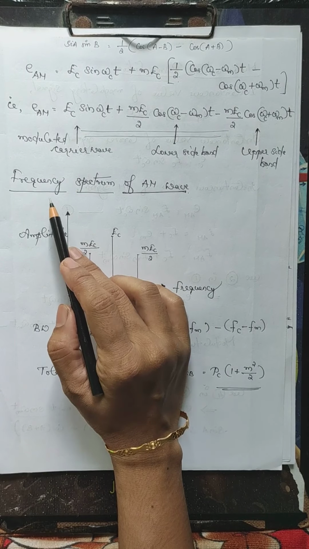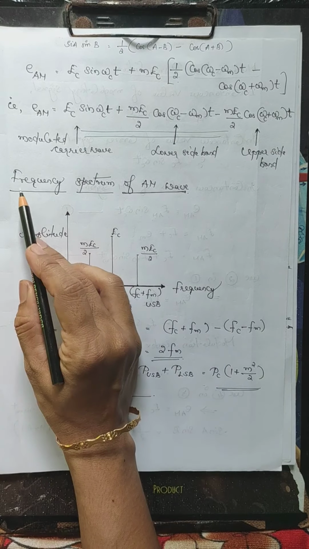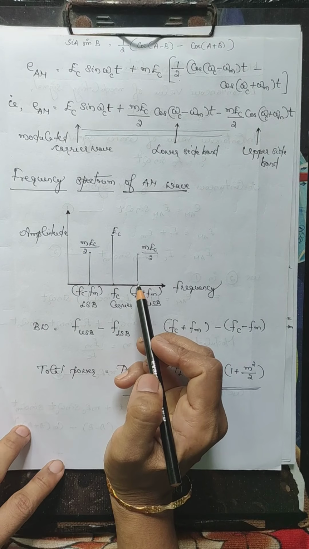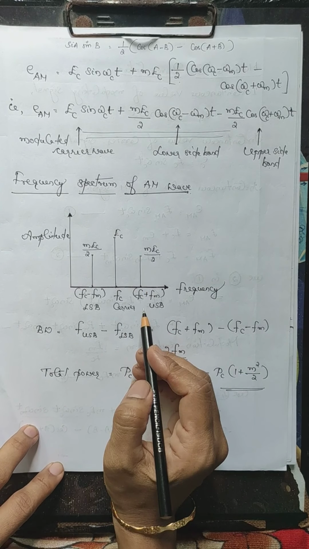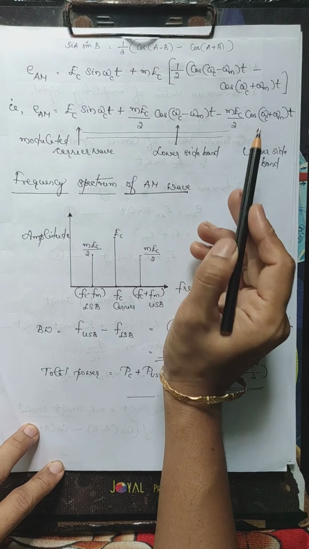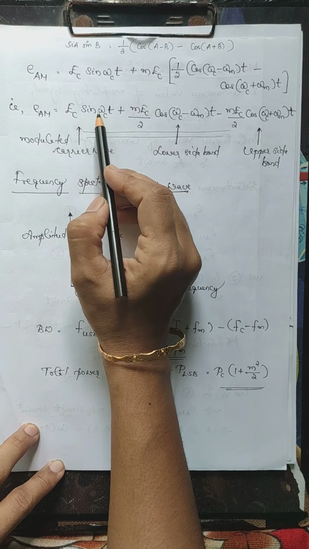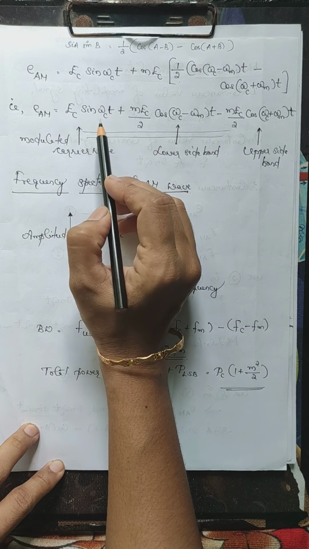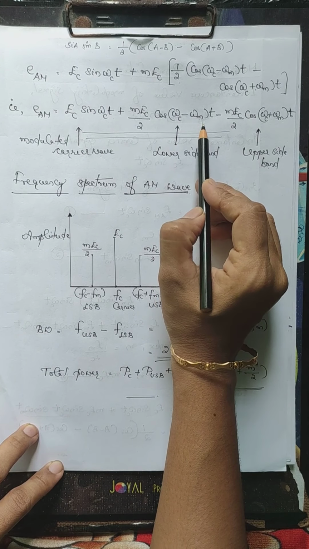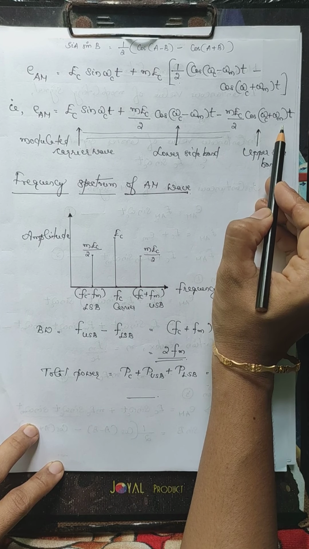So now let us also see the frequency spectrum of the amplitude modulated wave. Frequency spectrum is nothing but a plot showing the various frequency components present in a signal. So from here we have seen that there are 3 frequency components in the amplitude modulated wave. One is the carrier frequency itself, another has a frequency less than the carrier frequency, and another has a frequency more than the carrier frequency.